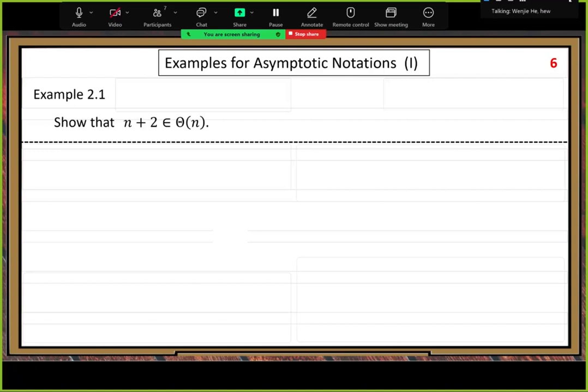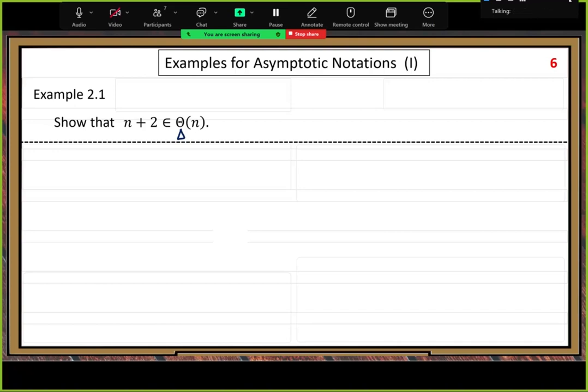In order to show that f function belongs to big theta of g function, I mentioned two methods, right? So you can use two methods to answer this question. The first method, the limit way. You want to see if the limit exists and is a positive constant.